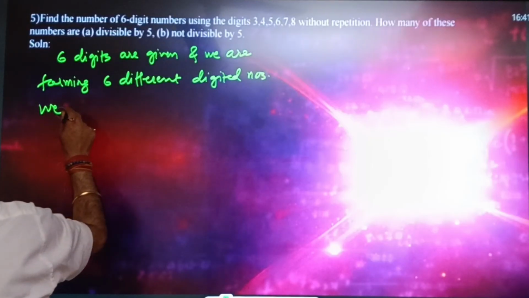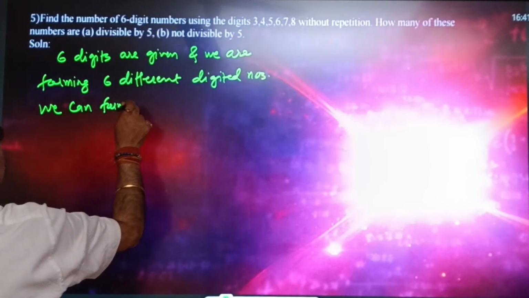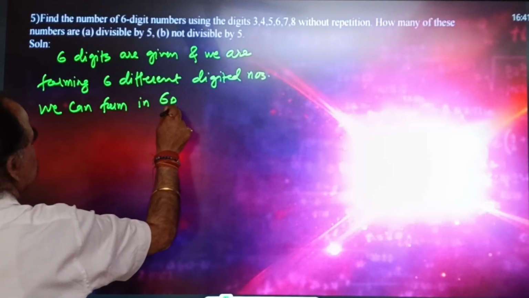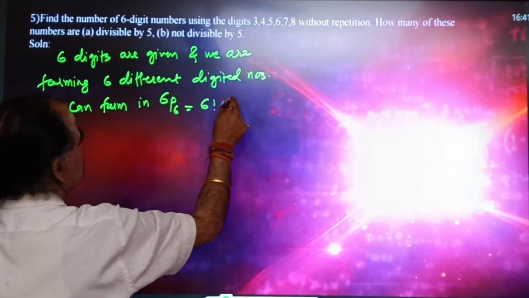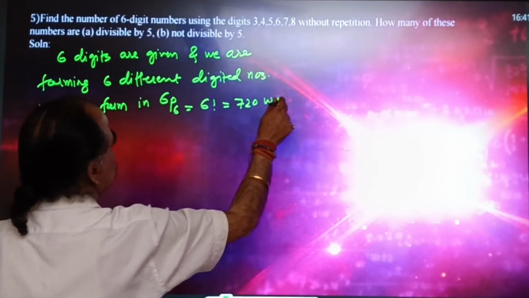We can form it in 6P6, 6 factorial, 720 ways.